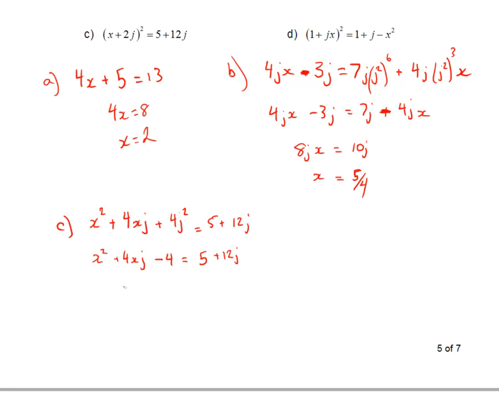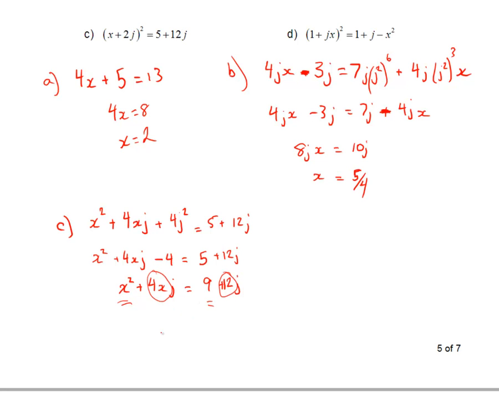If we collect the pieces here, we can use an interesting trick to solve this. On the left, I'm going to leave these, and on the right, I'm going to write it this way. This becomes 9 plus 12j. And we should notice something interesting here. Real number parts, imaginary number parts.